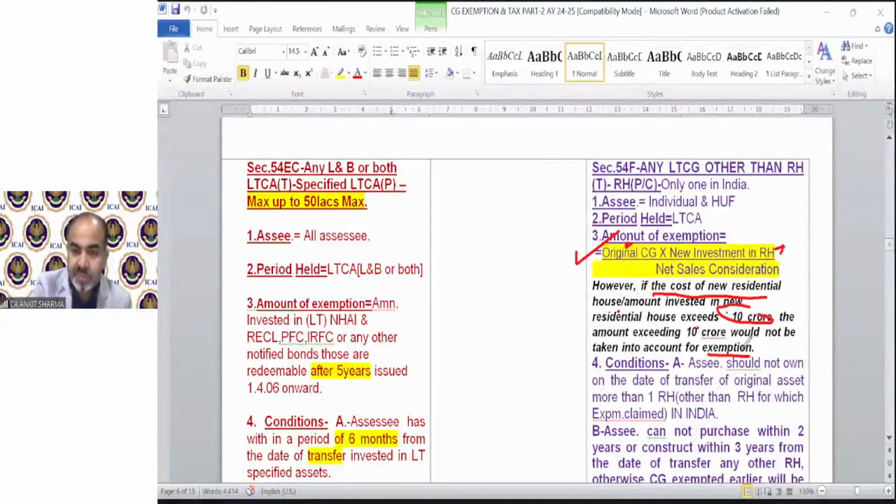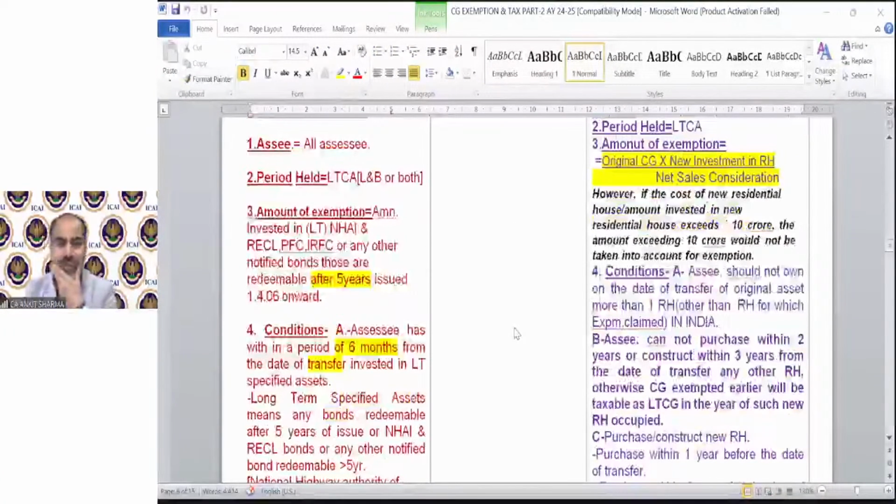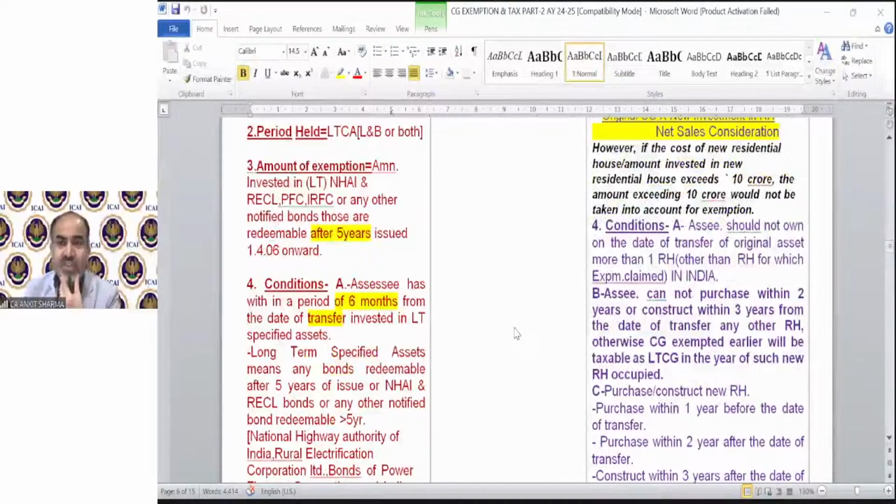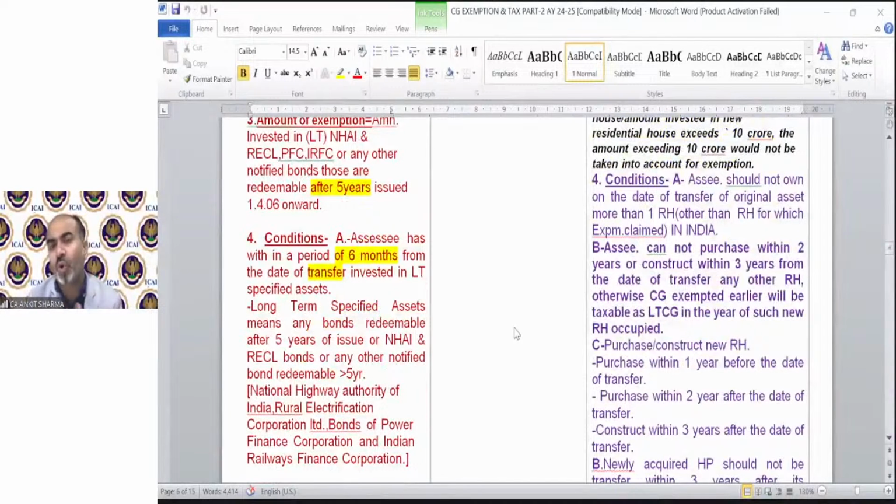Okay. Now the other condition. It's simple, almost similar to section 54. So it says, point number 4, condition: the assessee should not own, on the date of transfer of the original asset, more than one residential house in India, other than the residential house for which exemption is claimed.